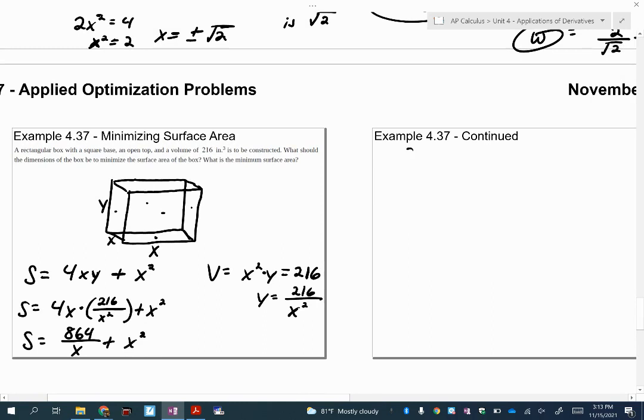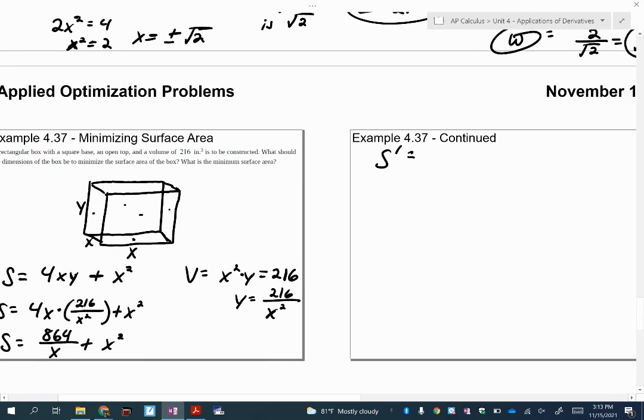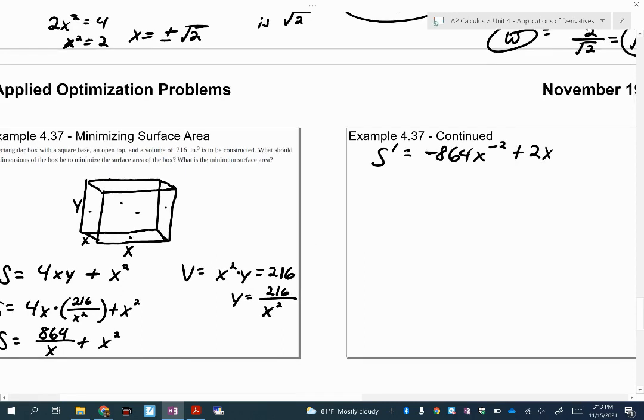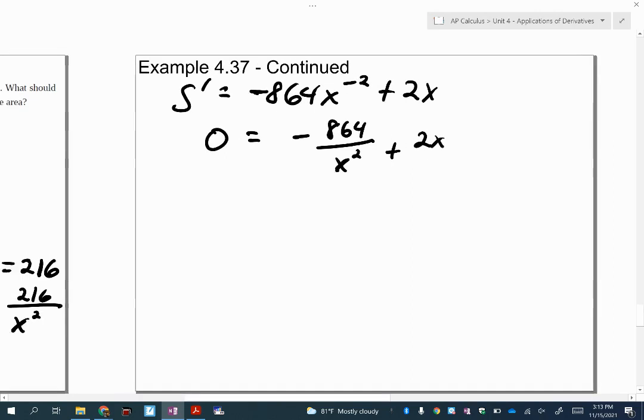So I'm going to find the derivative. That's 864 times X to the negative first power, which becomes negative 864 times X to the negative second power, plus 2X. Writing that a little nicer: negative 864 over X squared plus 2X. I need to set that equal to 0.